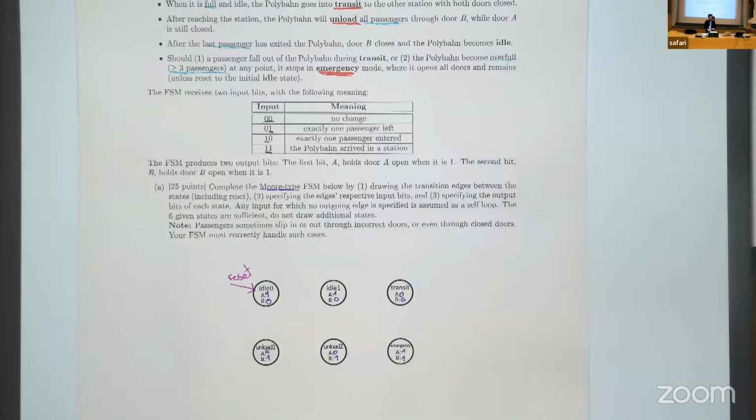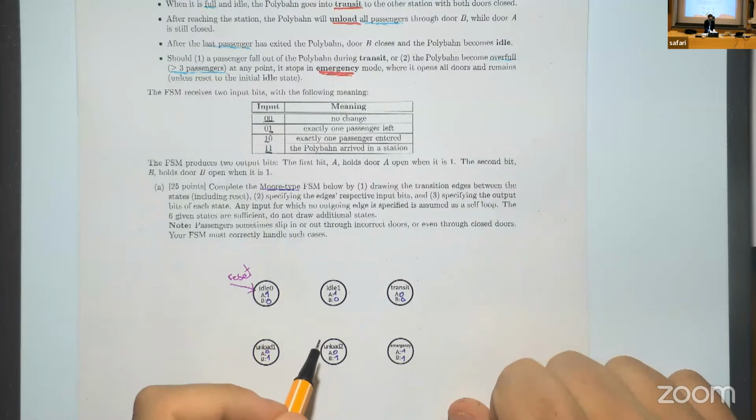On the other side, unload 2 means there are currently 2 passengers in the polygon, and unload 1 means there's currently 1 passenger there. Clearly, when you're given states like that, you don't necessarily have to use the same interpretation that whoever designed the question did. But maybe you can get a hint from it, and maybe you also don't get named states, maybe you don't get states at all.